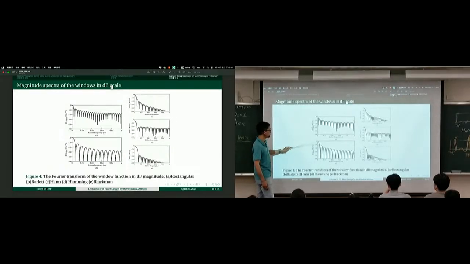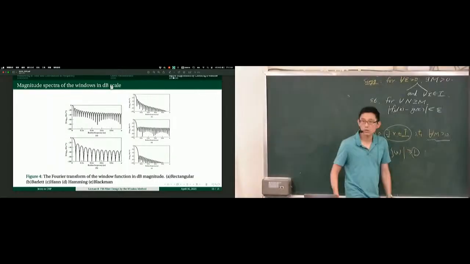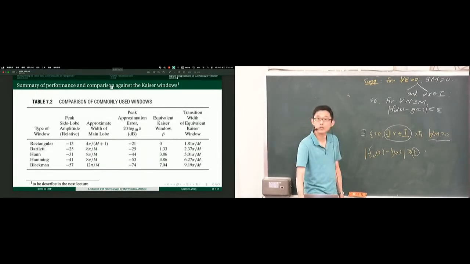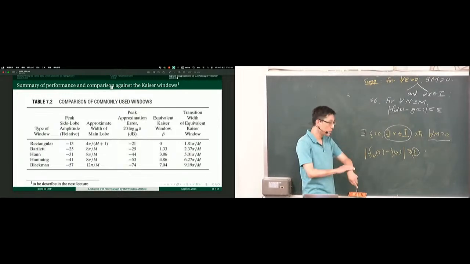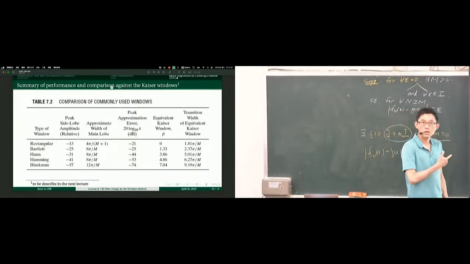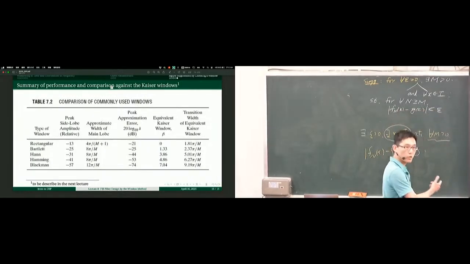Hahn, Hamming, and Bartlett all 3 of them have the same main lobe width, which is double that of the rectangular window. So you don't need to copy everything on your handout because the next slide gives you a summary. So we can almost end our discussion right here. Let's look at this table. A very nice table for you to be aware of.